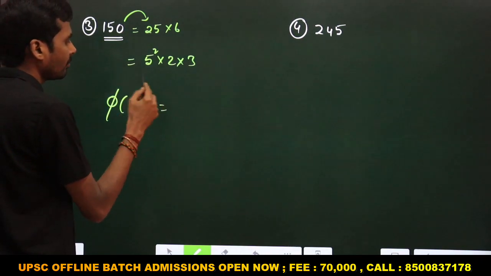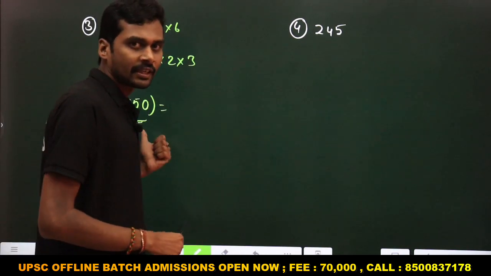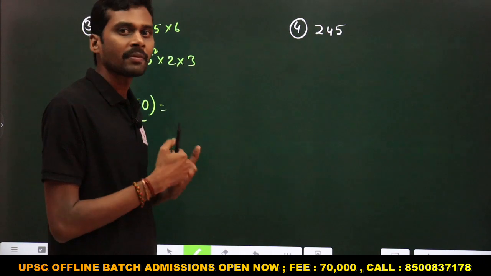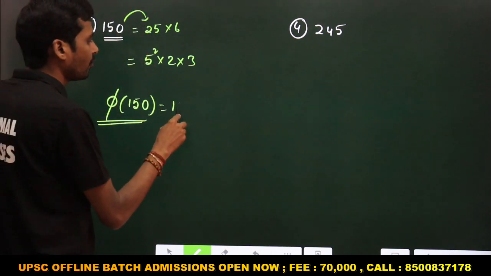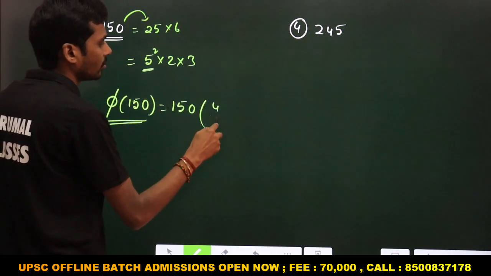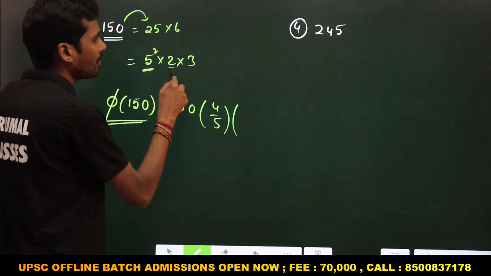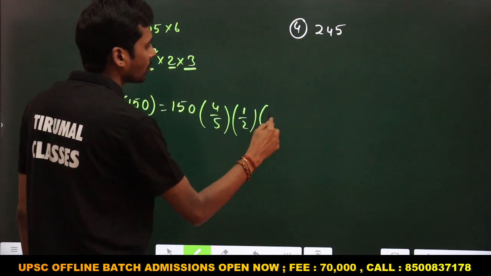Generally, the number of coprimes is represented by pi of some number. So here 150 is given, and pi of 150 is 150 into 1 minus 1 by 5, that is 4 by 5, into 1 minus 1 by 2, which is 1 by 2, into 1 minus 1 by 3, which is 2 by 3.